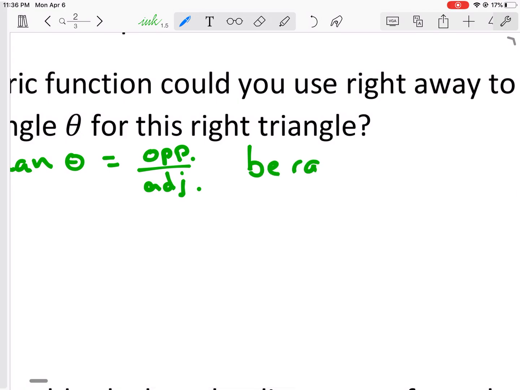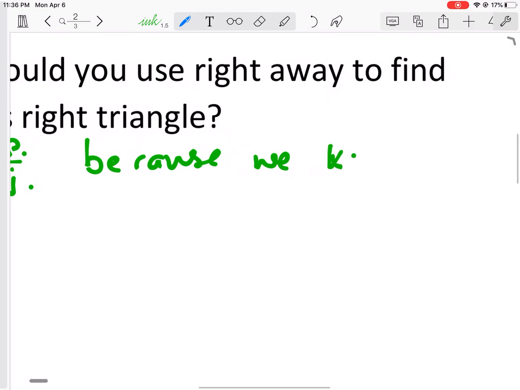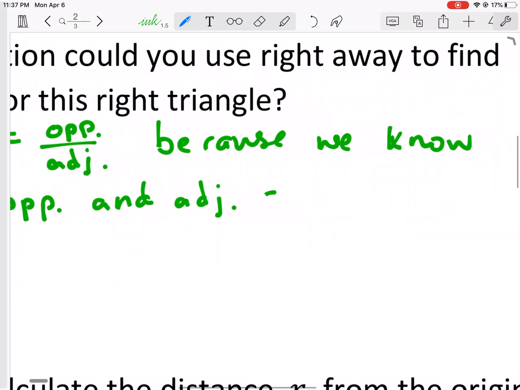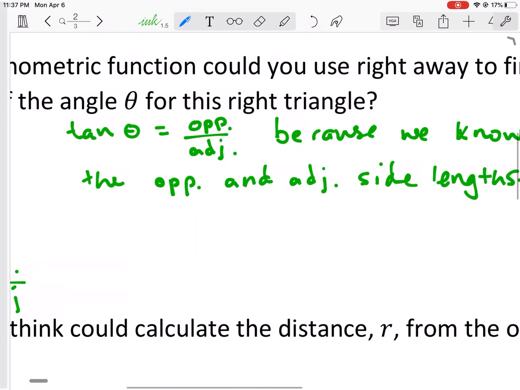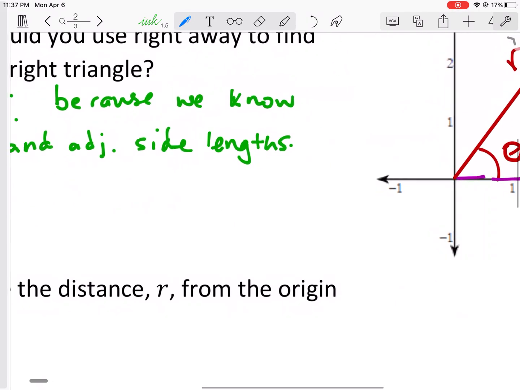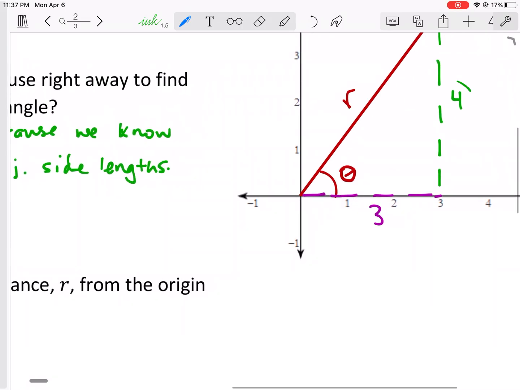Because we know the opposite and adjacent side lengths. All right, so we can set up the equation. Tangent theta equals, well, what was the length of the side opposite theta? 4.